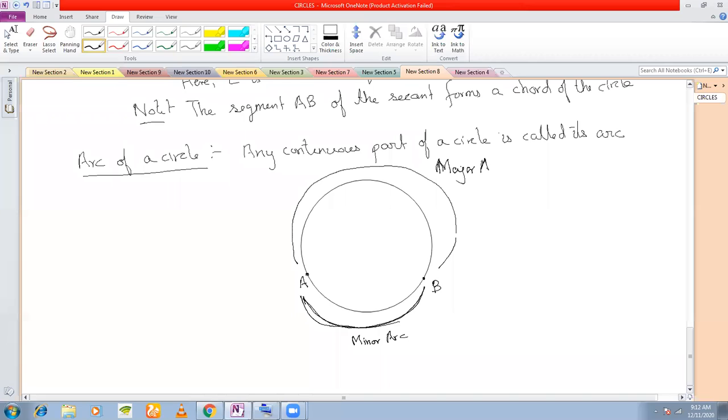If the arc is more than half of the circumference of the circle, then it is called a major arc. So you just note this.